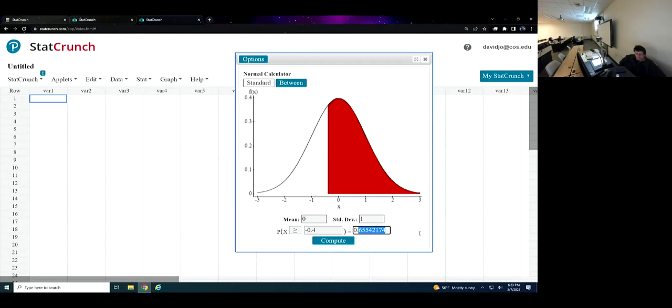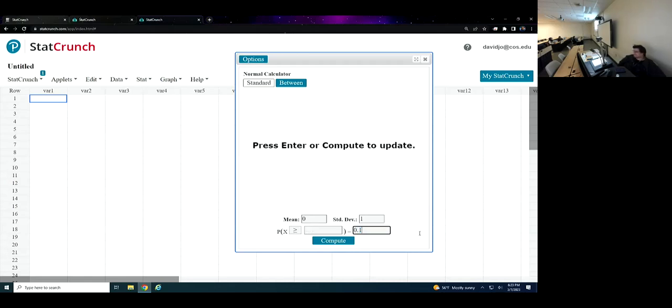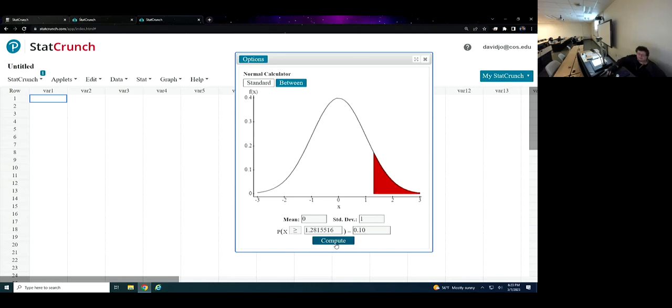The box on the right represents your percentage in decimal form. So if I make that 0.1, I am looking for what is in the top 10%. If I click compute, it shows me that values to the right of here are in the 10% in that direction, and it gives me the Z-score right there.